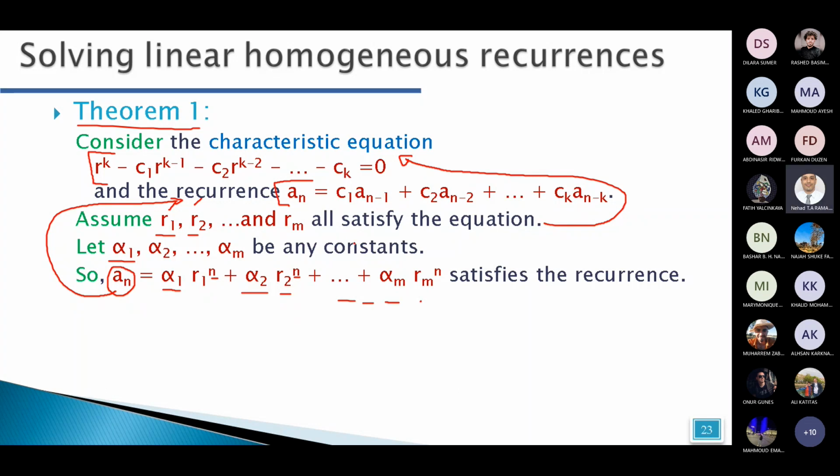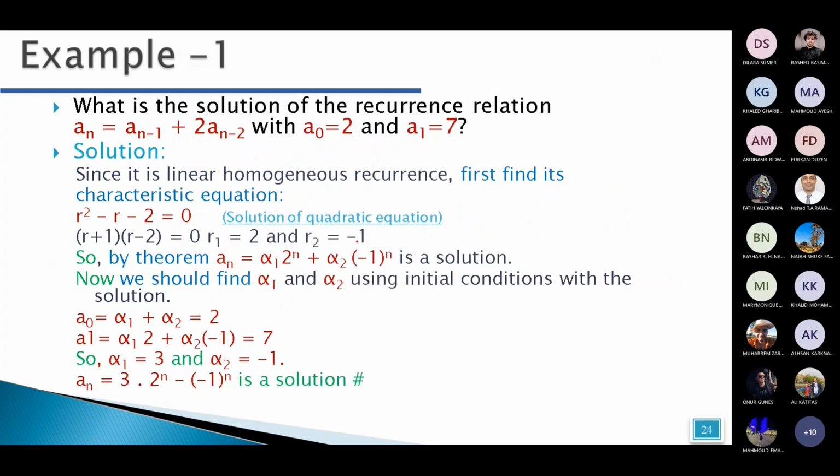Okay, let's take an example. In this example, we want to find a solution for this recurrence relation with these initial values.